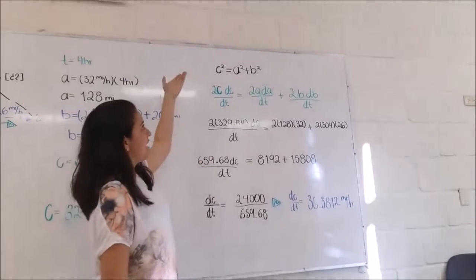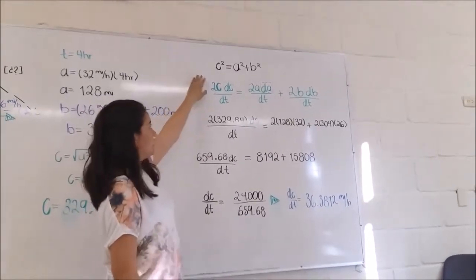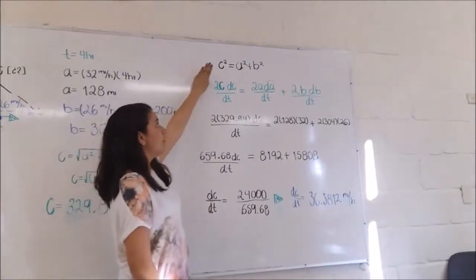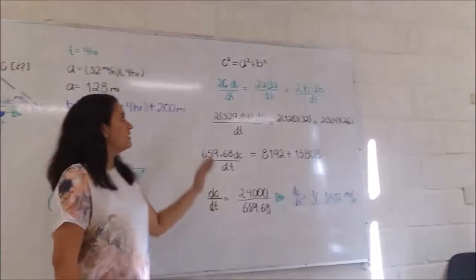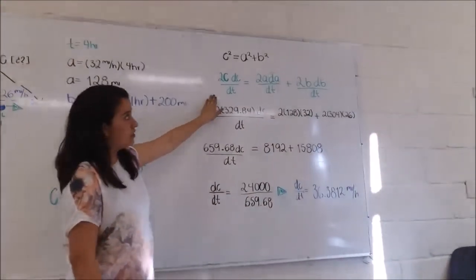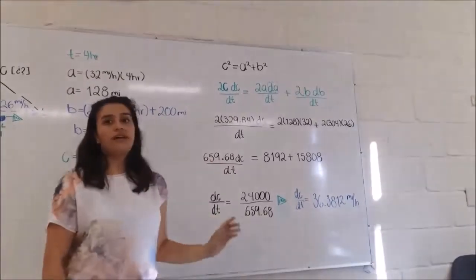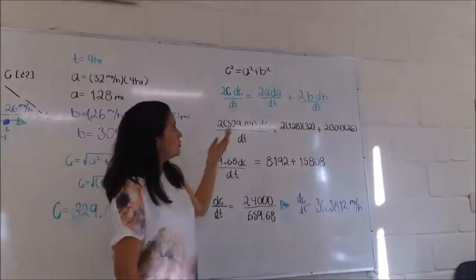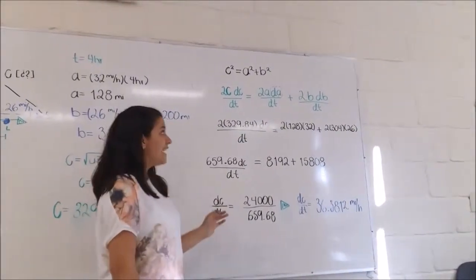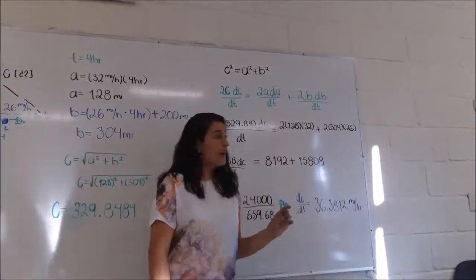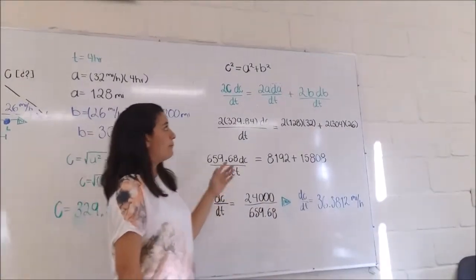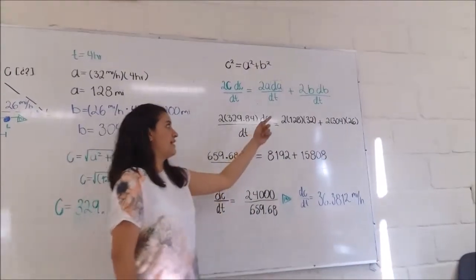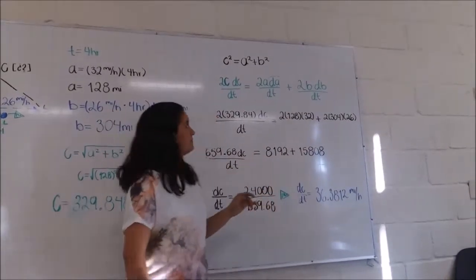Then we have to use again the Pythagoras theorem, that is c squared equal to a squared plus b squared. You have to get the derivative of this, and you get 2 times the hypotenuse times the derivative of the hypotenuse respect the time, that is equal to 2 times the category A times the derivative of the category A respect the time, plus 2 times the category B times the derivative of the category B respect the time.